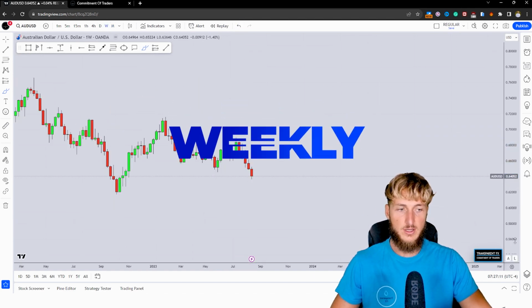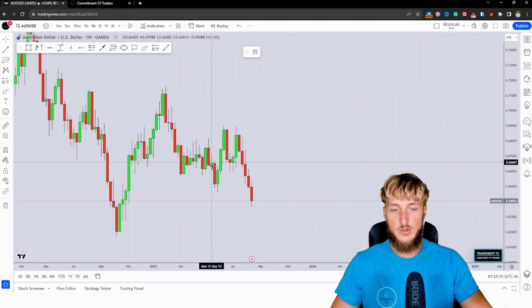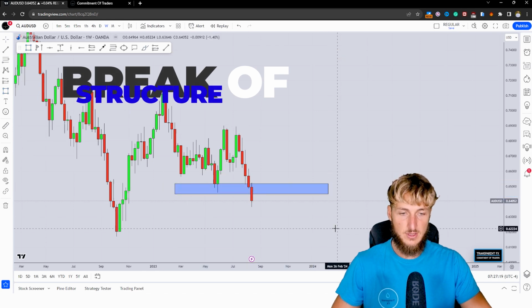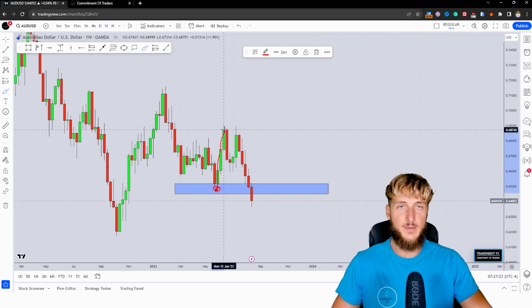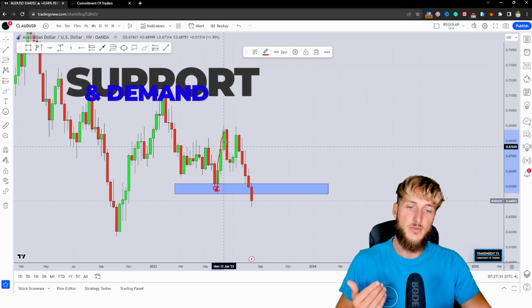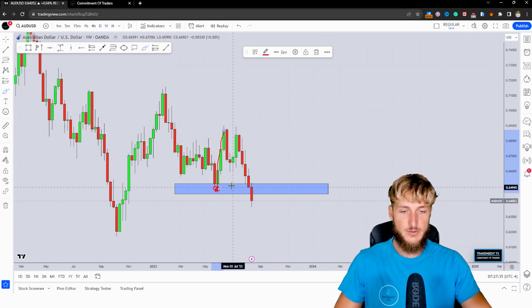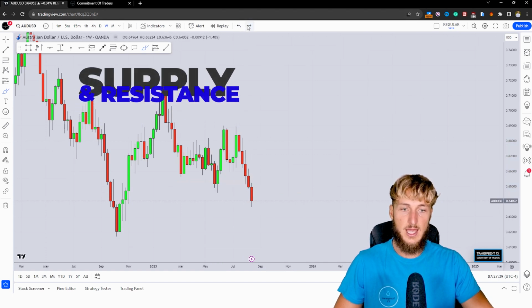Going down on the weekly time frame, what do we have? From a weekly standpoint, what we can notice is that we just had the break below a quite significant structure level. In fact, from here, all this previous move to the upside was created. This makes this level quite strong, weekly demand and support. When you have a demand and support area which gets broken to the downside, all that previous demand and support becomes supply and resistance.